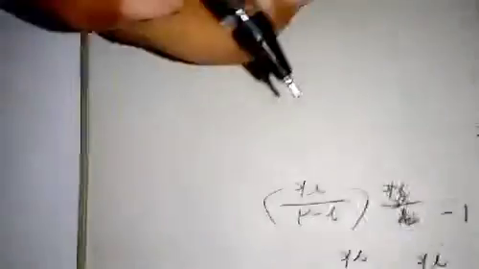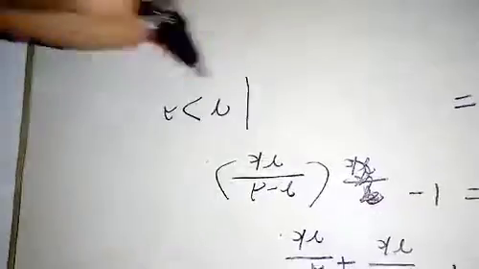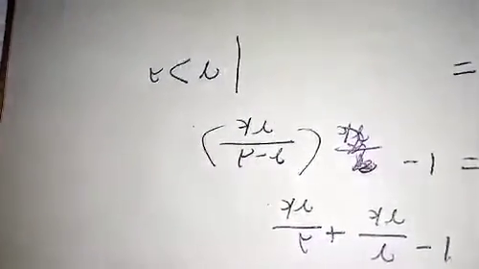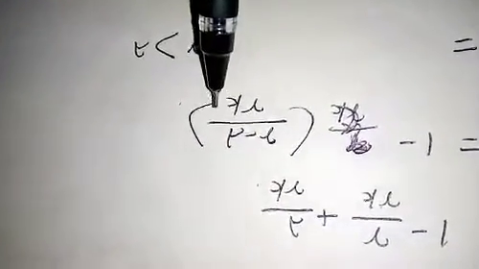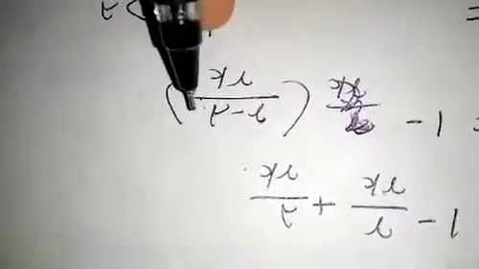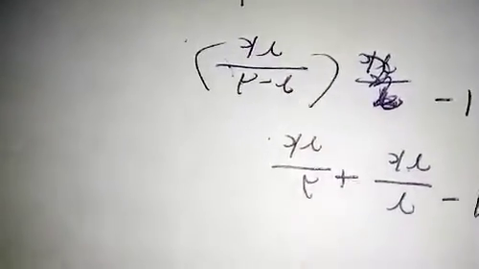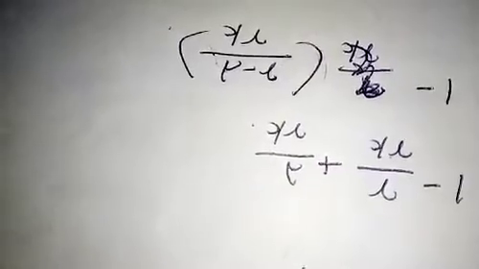Here we know that R is greater than lambda. So this value is a positive integer, right? Then this value becomes less than 1, since it is 1 minus some positive number.